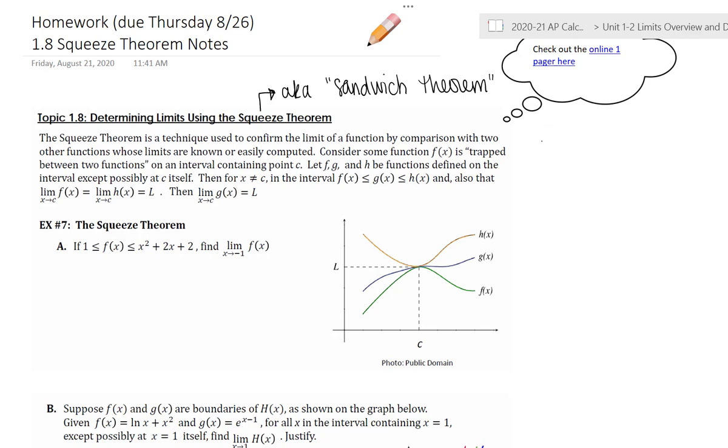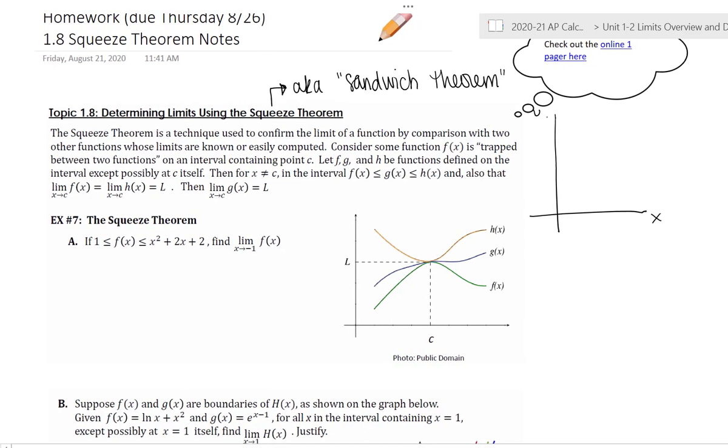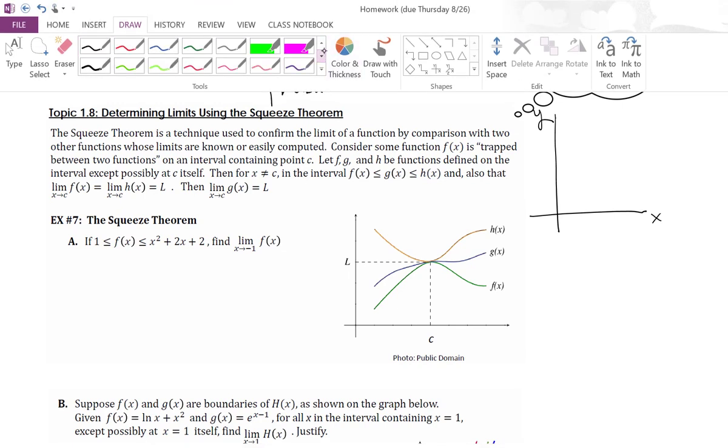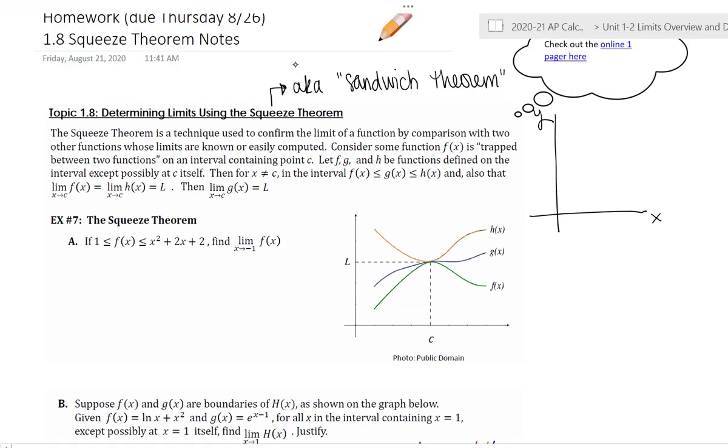So if I'm looking at my x and y axis, let's use the same functions as in your image. Function h of x looks something like this, just like your image does. And then we have another function f of x that's below h of x.